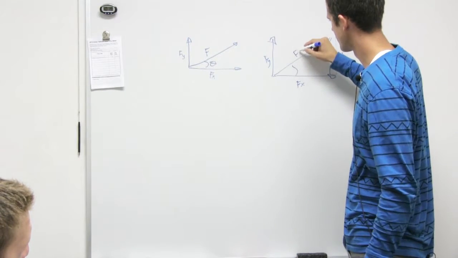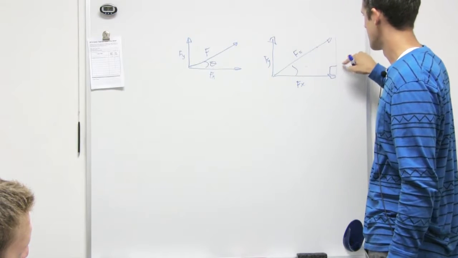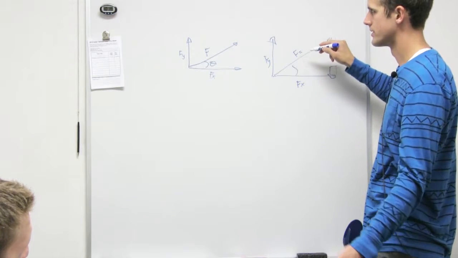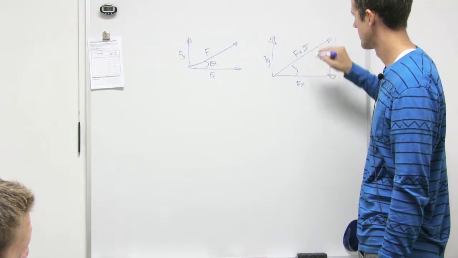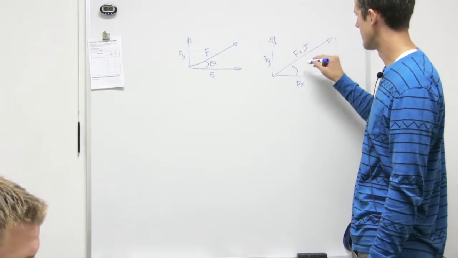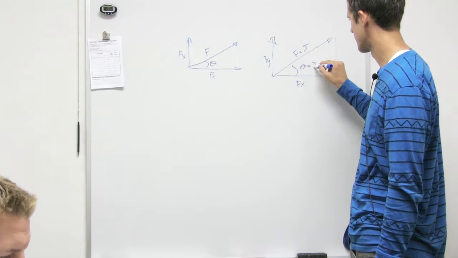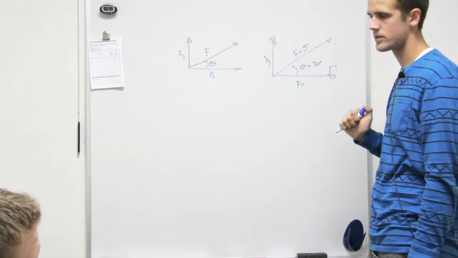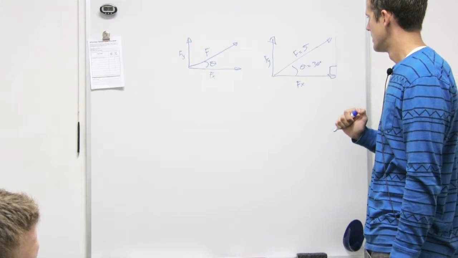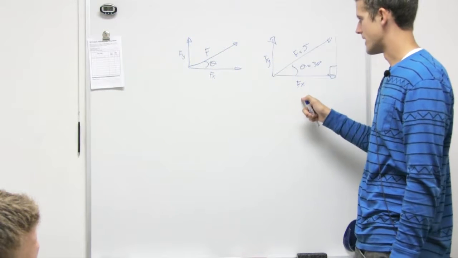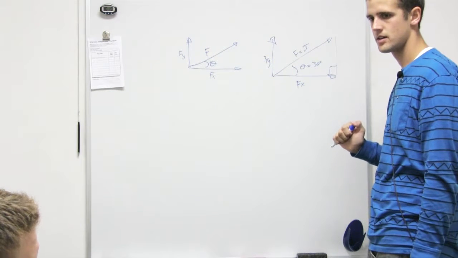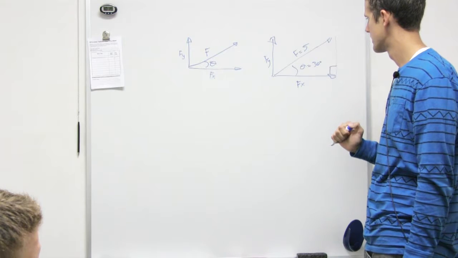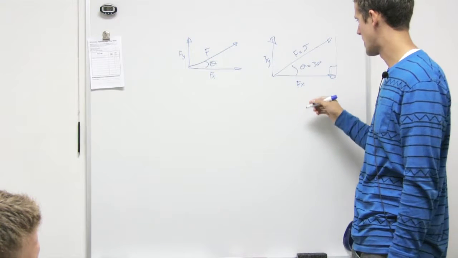We could say F equals 5 and theta equals like 30 degrees. So F and theta are known, and you're trying to find out what Fy and Fx are. So in this case, what would Fy be?